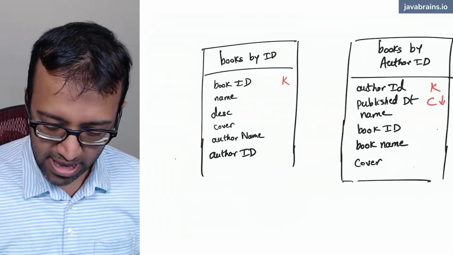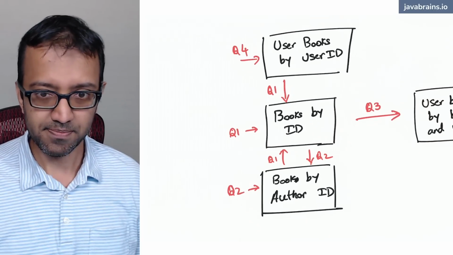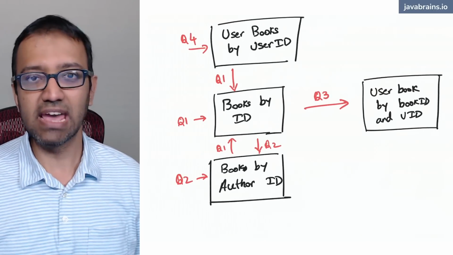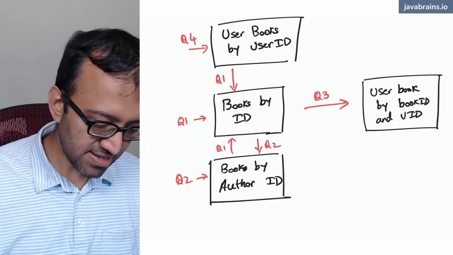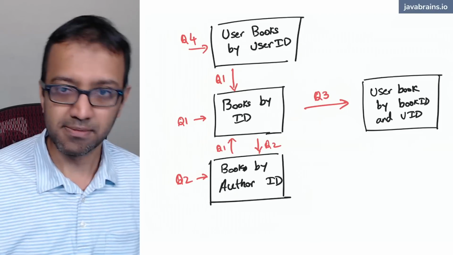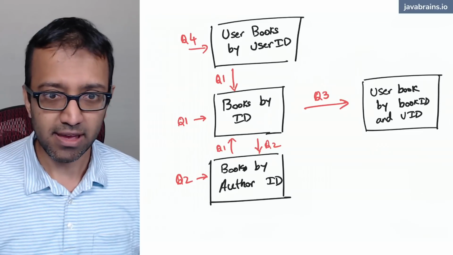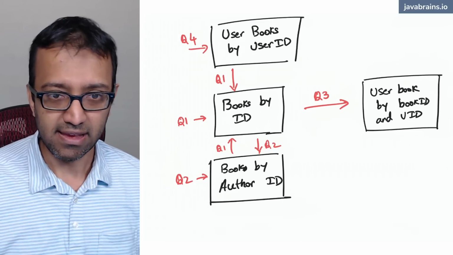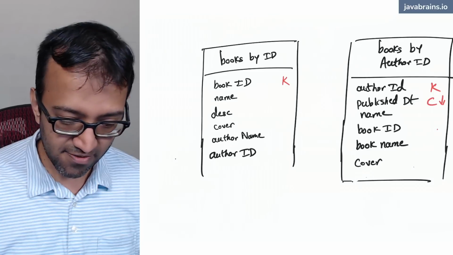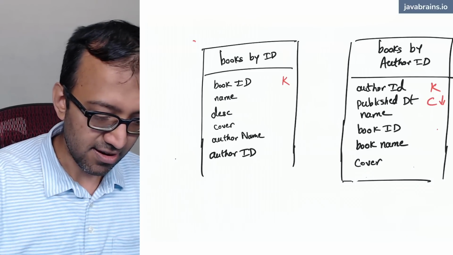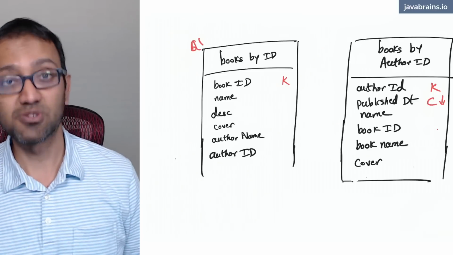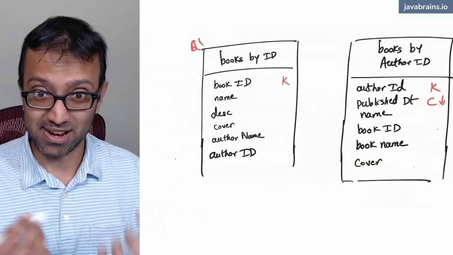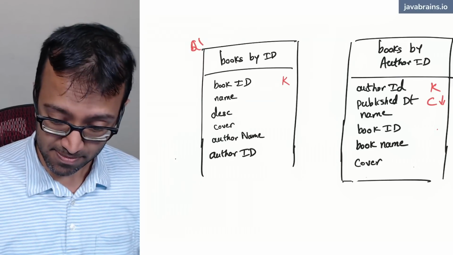So if we look at what we have over here, these are all the queries that we have, and each one of these maps to a certain table. So what is books by ID? It's Q1. We have created a table to handle this query, so it's going to be a fetch from this table.